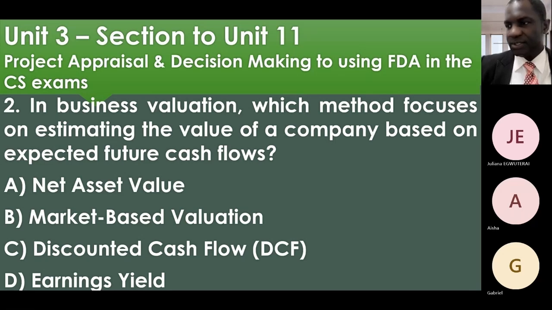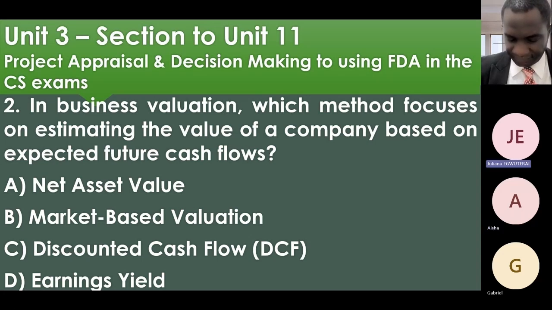J, what's your pick? A, what's your pick? Future cash flows. Discounted cash flow. How much present value? Okay. Market-based valuation. You're going for B, final answer. Yes.